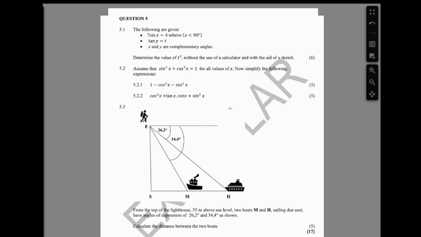Now, what we need to do, I think what's best is to write some of the information down. So, the information we have is 7 sine x equals 4.